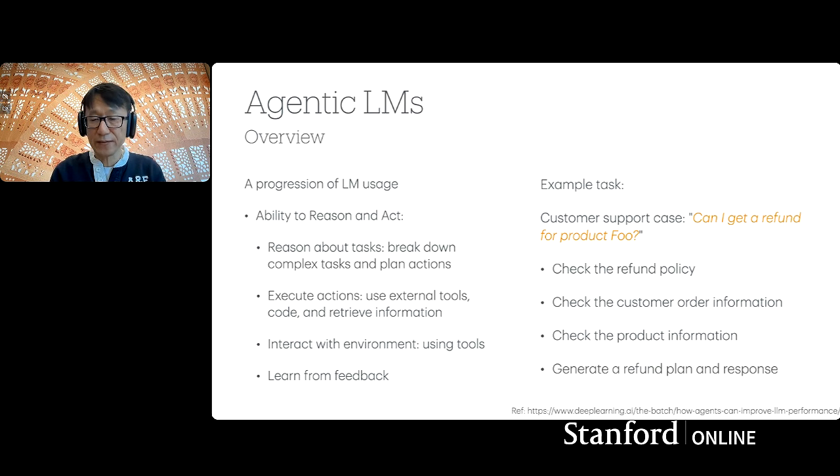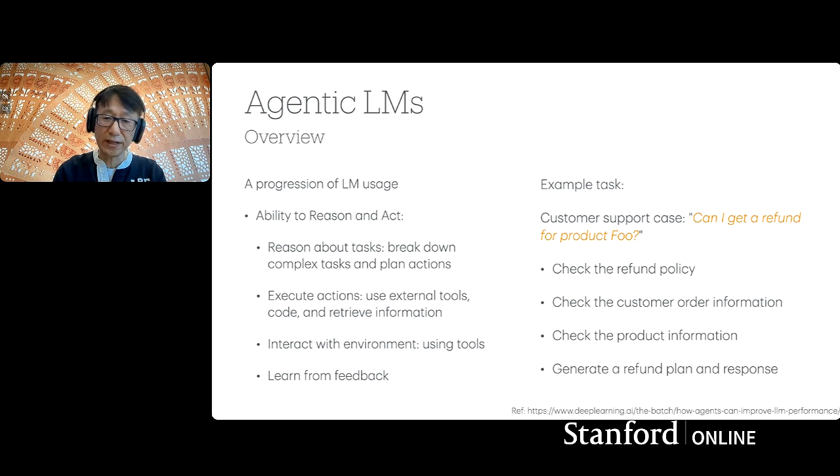In each step, the language model will produce API calls so that it can collect the information. For example, to check the refund policy, the language model could ask a retrieval system against the pre-indexed company refund policy, retrieve the information, and put it in its own context.